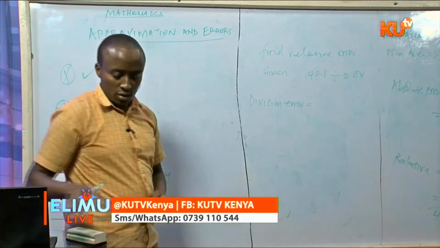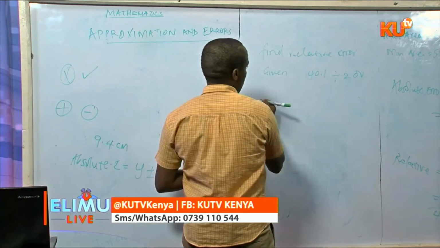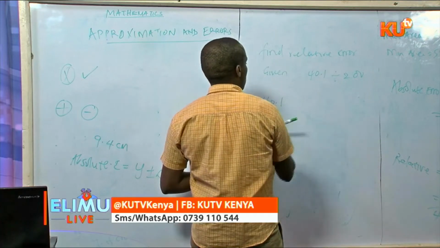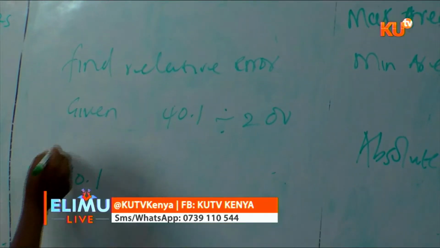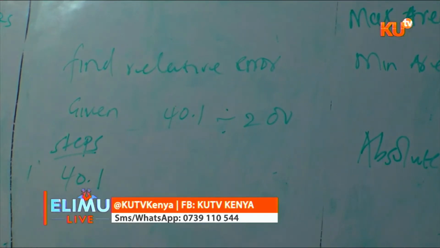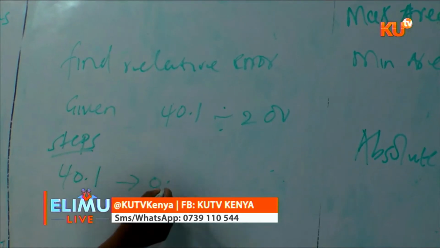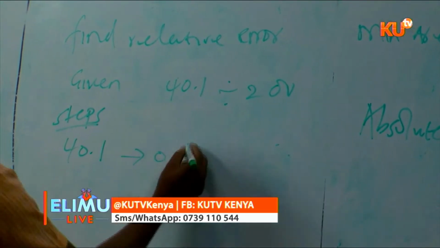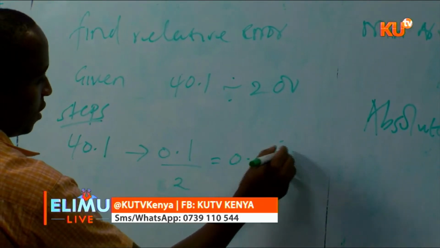Let's first come to that one. The figure given there, if this is 40.1, the risk measuring unit for that one, we check the steps to follow. It is 0.1, so divide by 2 to be 0.05.